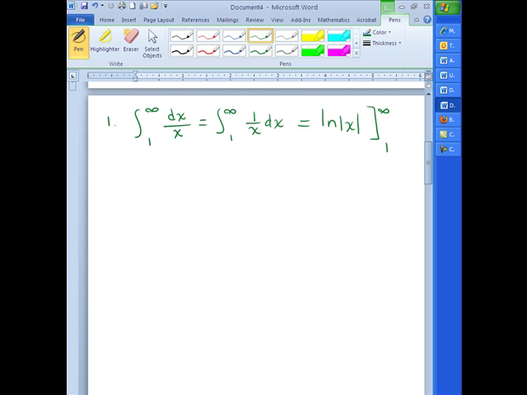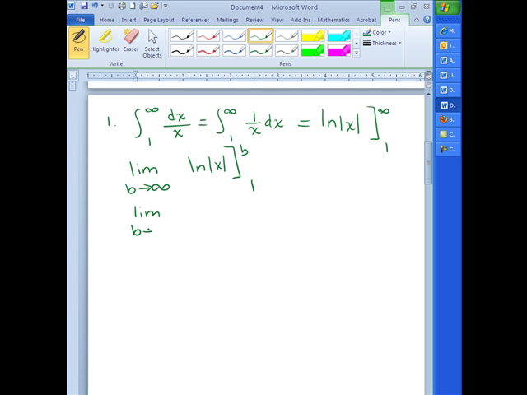And so the question is, well, how do we integrate that from 1 to infinity? What we do is we take the limit as b goes to infinity and we evaluate from 1 to b. So in other words, I'm going to plug b in and I'm going to plug 1 in just like we did in the last sections of definite integrals, but then I'm going to say b is going to infinity. So let's do that.